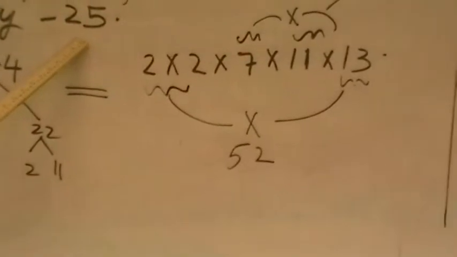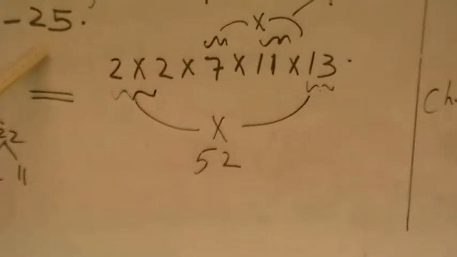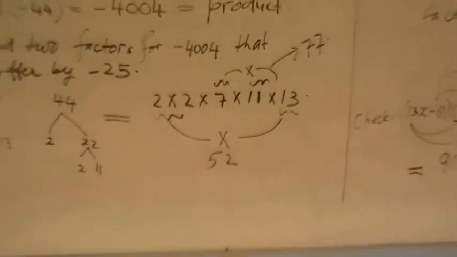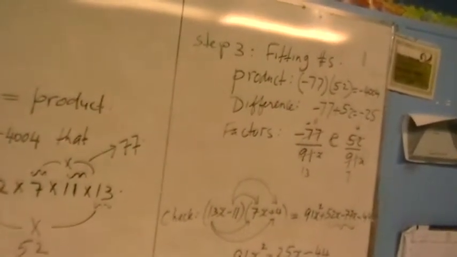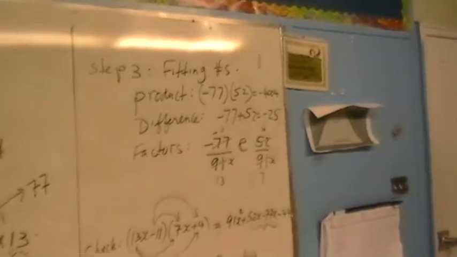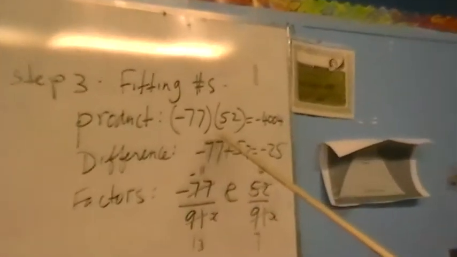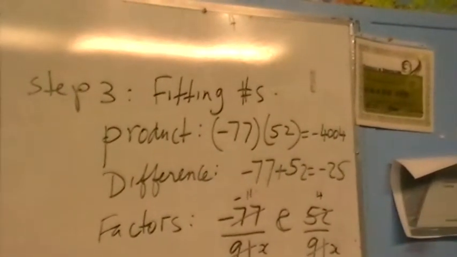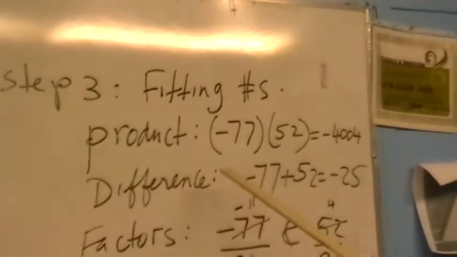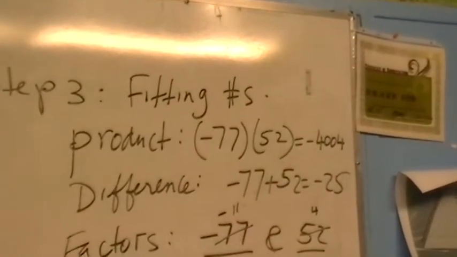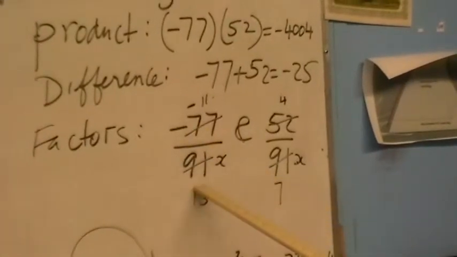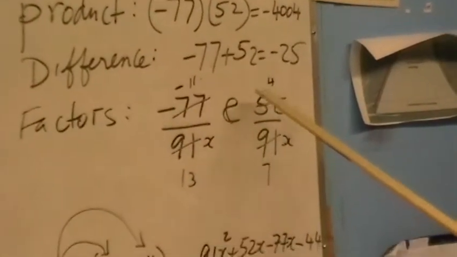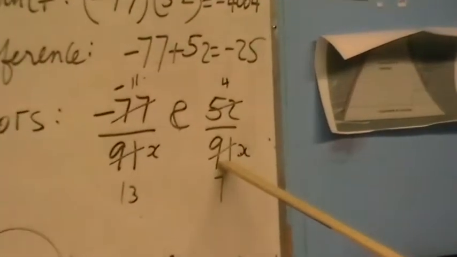Now from there, let's go to step 3, which is the final step. In the final step, all we have to do is divide the two numbers respectively by the leading coefficient, which is 91. So you have negative 77 over 91x and 52 over, again, 91x.